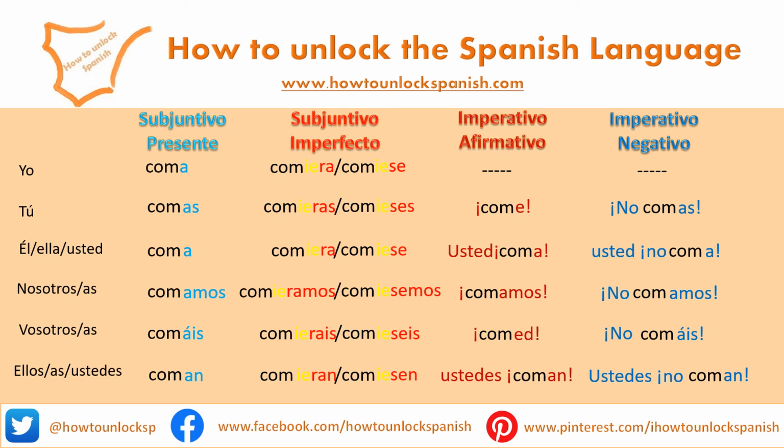So for the subjunctive, I invite you to go and check the post on our website about weird verbs, which is like an acronym, like W is for wish, I is for impersonal expressions, E is for emotions.